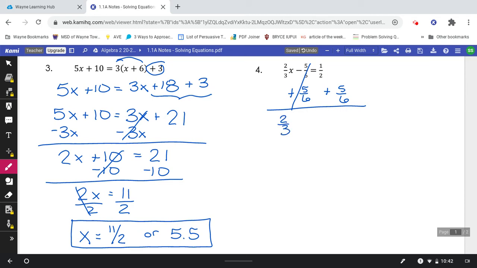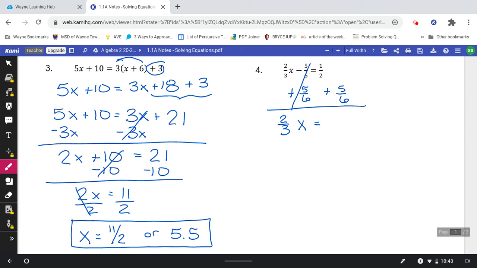Bring down the 2/3 x, and then in your calculator, type it in as 1 divided by 2 plus 5 divided by 6. It's going to get you a decimal, which you will then use the math button, hit enter, and it'll convert it back into a fraction for you.